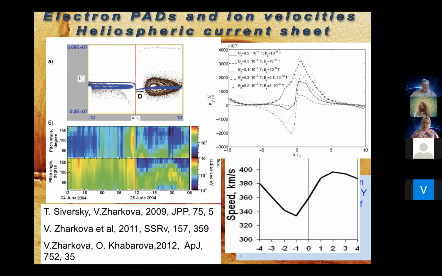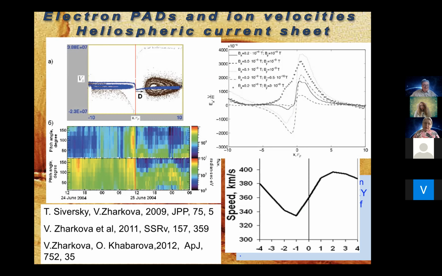What this also shows, remember this separation, is that those electrons which in low density plasma and low magnetic field cannot reach the midplane. This is exactly what was observed very often when crossing the heliospheric current sheet: the pitch angle distribution turns by 180 degrees at some distance from the current sheet midplane, from the heliospheric current sheet. And people could not understand.